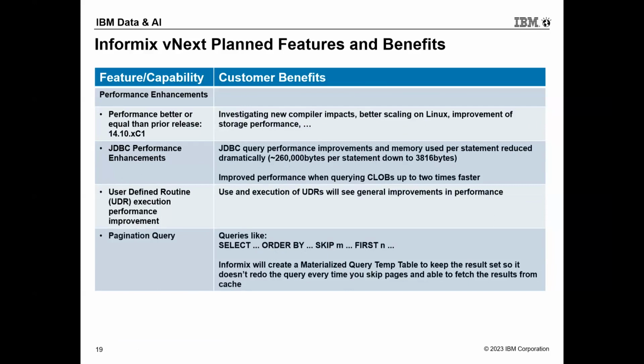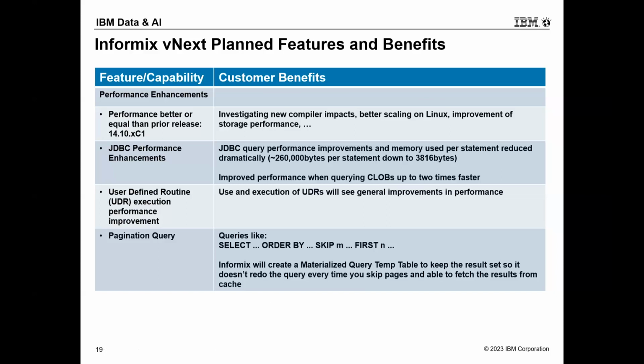There'll be JDBC performance enhancements, JDBC query performance improvements, and memory use per statement reduced dramatically from 3.3816 bytes to approximately 260,000 bytes per statement. I think there's a syntax problem there. There's also performance improved when querying CLOBs up to 2 times faster.